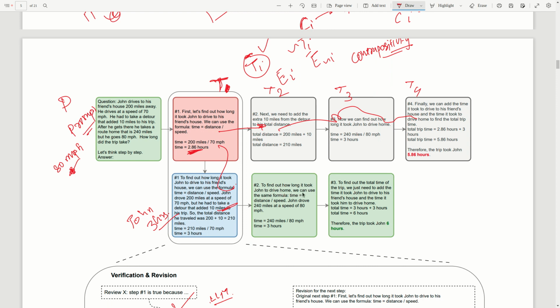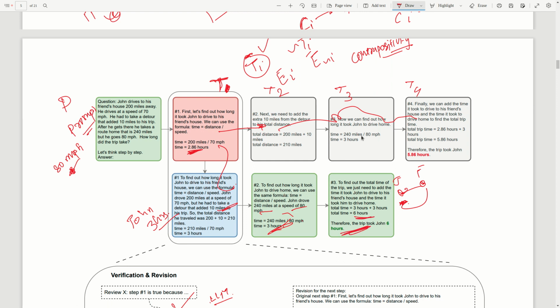We can use the same formula. John drove 240 miles at the speed of 80, so it's 240 upon 80 hours, and then the total time is the addition of the trip from John's house to friend's house and friend's house back to John's house. So it adds both, and we get the right answer.